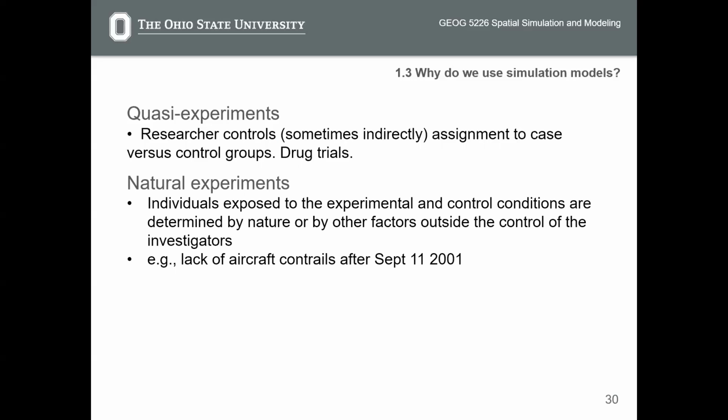This type of experiment is called a natural experiment. Individuals exposed to the experimental and control conditions are determined by nature or by other factors outside the control of investigators, which means that it's pretty hard to repeat the experiment environment. For example, the lack of aircraft contrails after September 11, 2001.